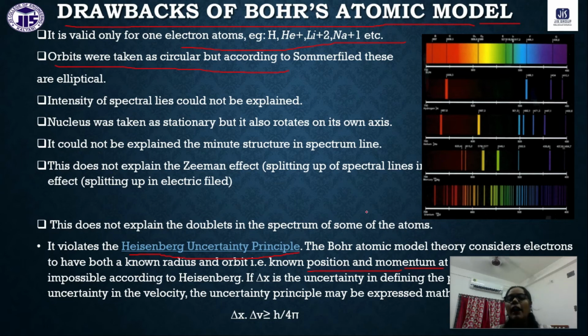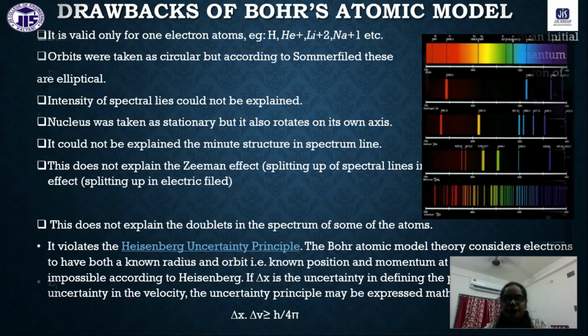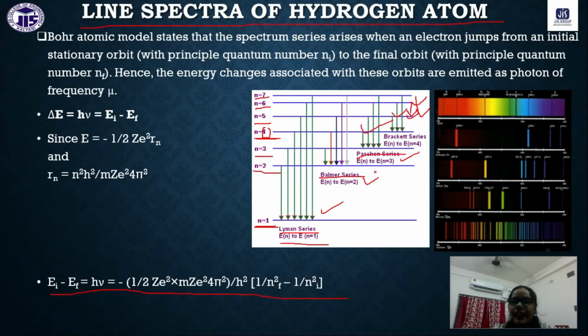And also, you have already seen this line spectra of the hydrogen atom. Now what will happen if we apply a magnetic field or an electric field to this line spectra? These lines will be further split like this.